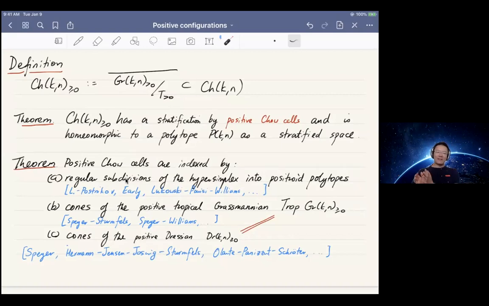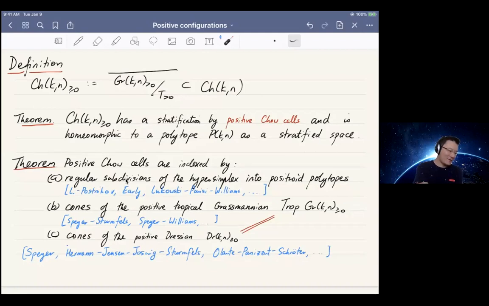Each toric variety has its own moment polytope, and these moment polytopes are glued together to fill up the hypersimplex. So each positroid polytope in this subdivision of the hypersimplex gives me a toric variety with that polytope, and these toric varieties are points in the Chow quotient.